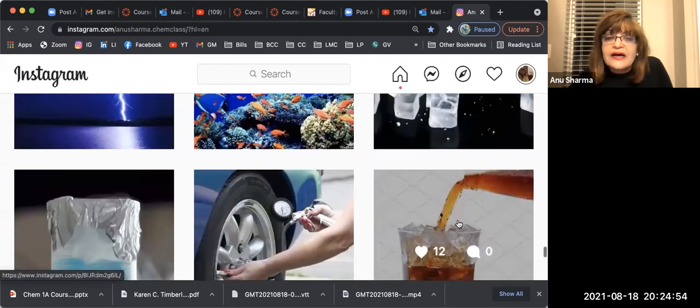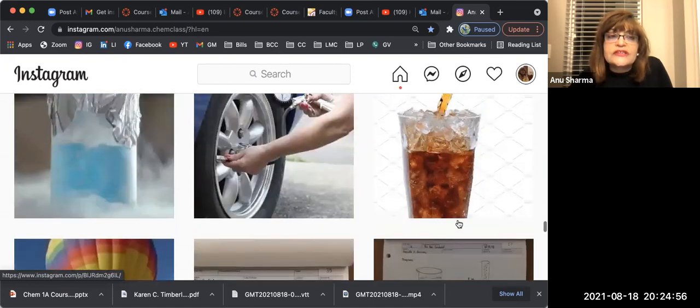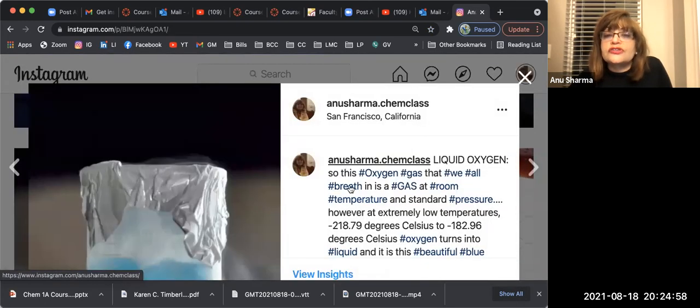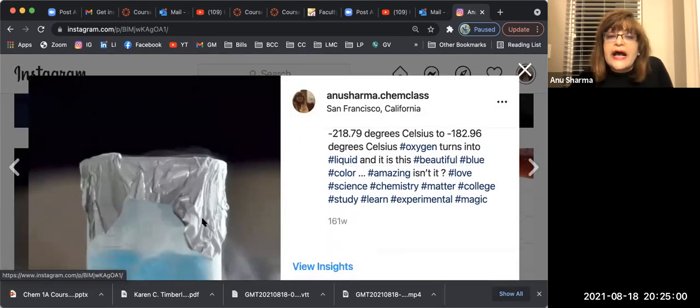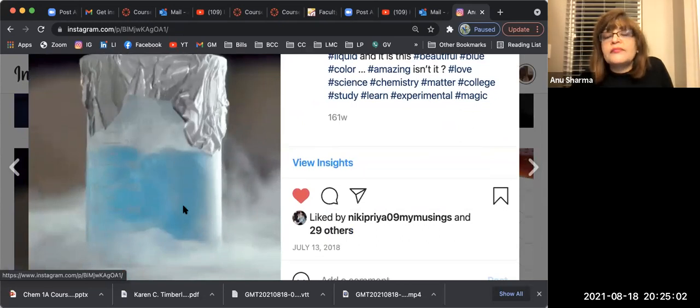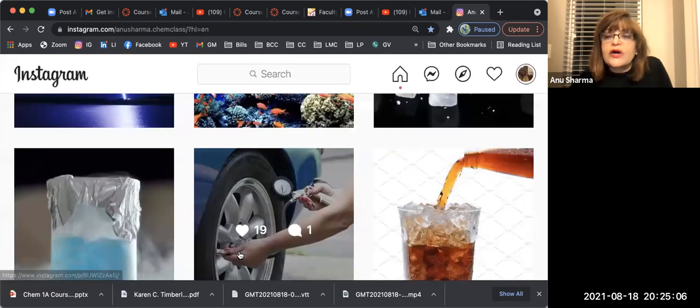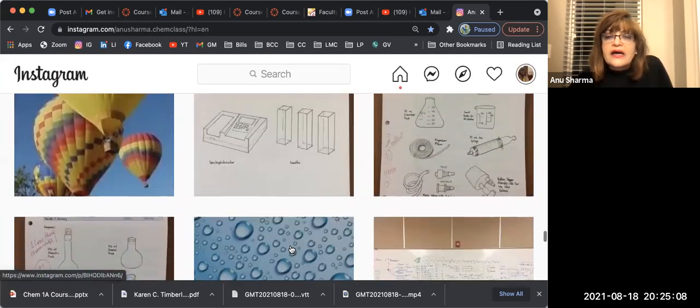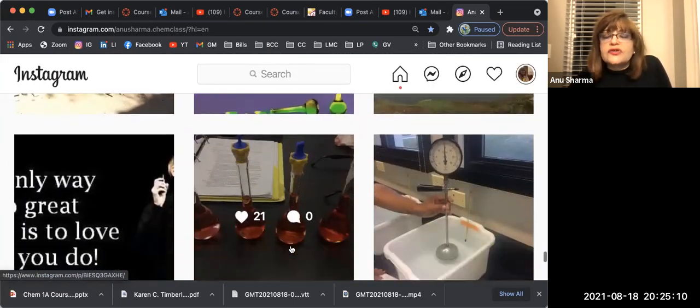There are so many other things. This is how liquid oxygen looks. If you take oxygen and cool it down, it will form a liquid, and it's blue colored. We can go on and on.